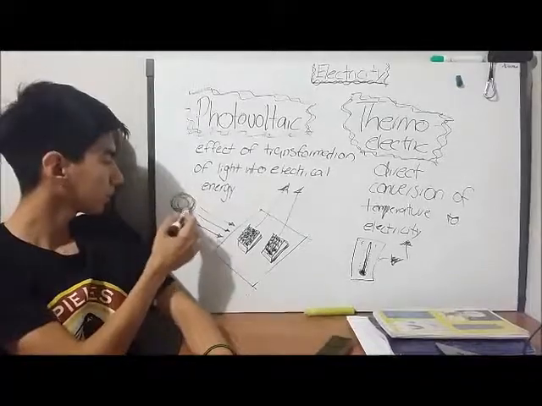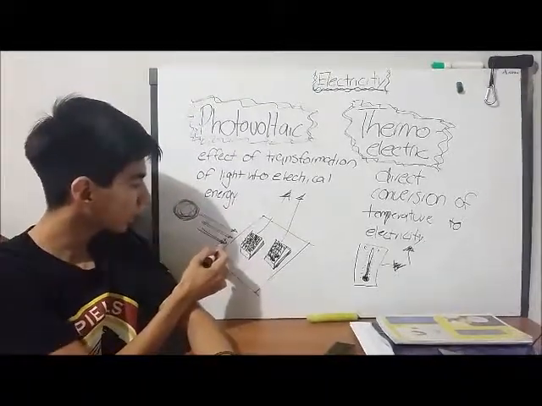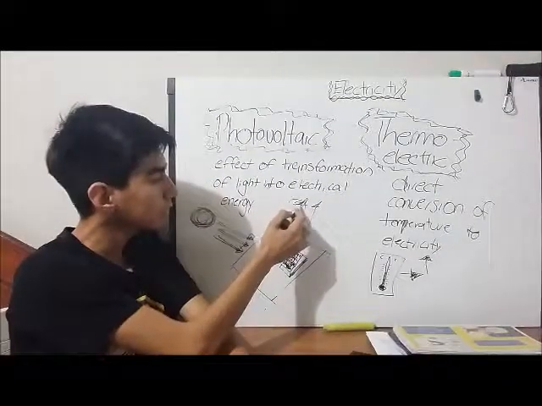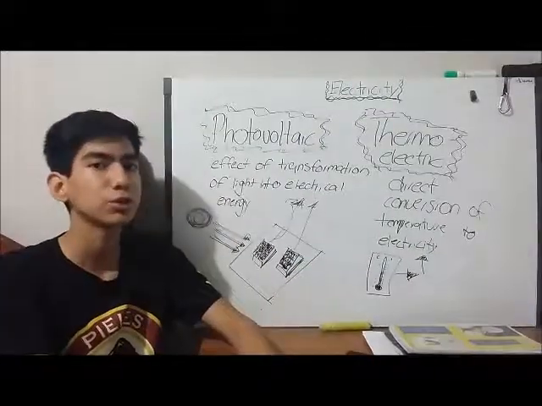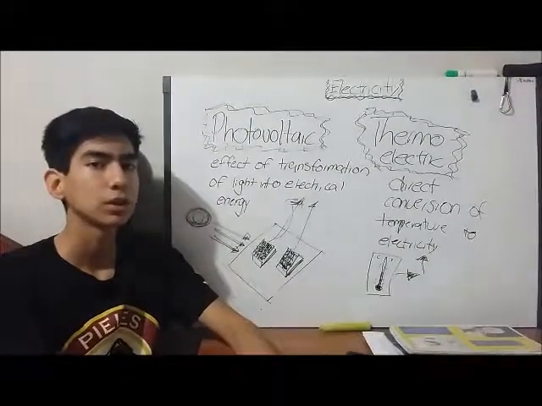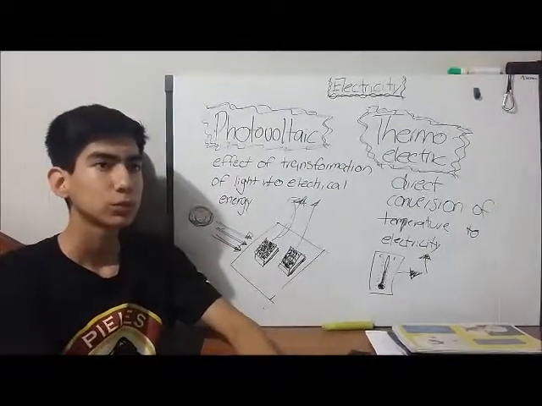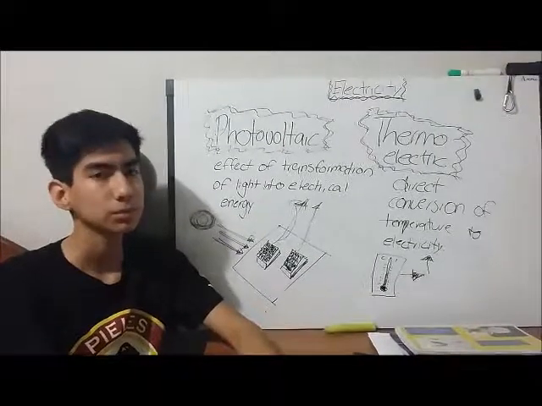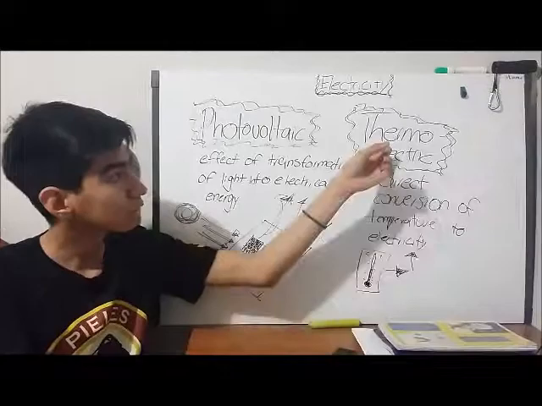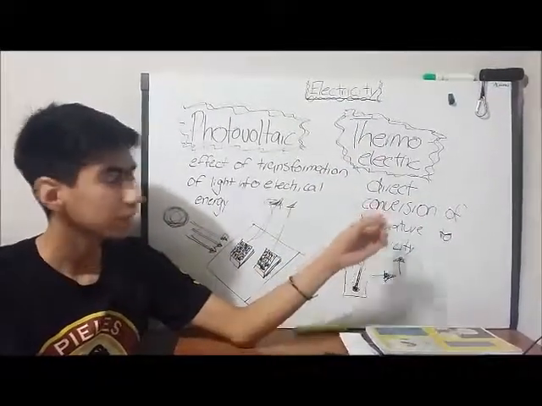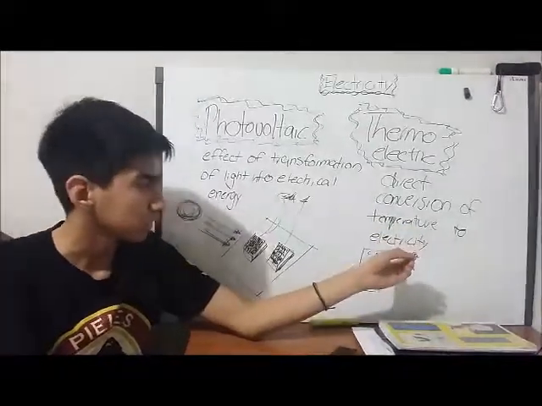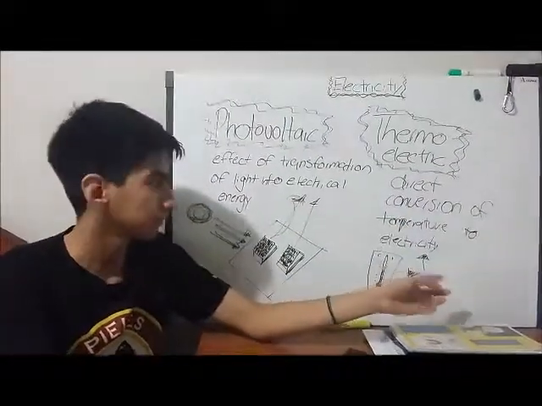Here we have the sun transmitting light to the solar panels that convert it directly into electrical energy. Some companies are using this method to reduce their consumption of electrical energy. The thermoelectric effect is the direct conversion of heat or temperature into electricity.